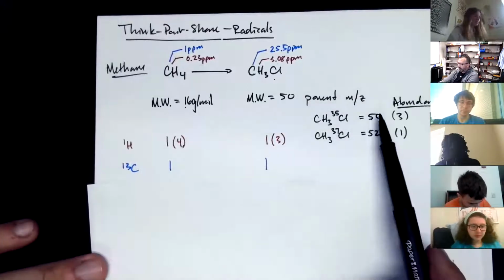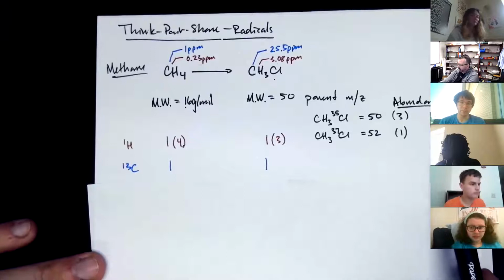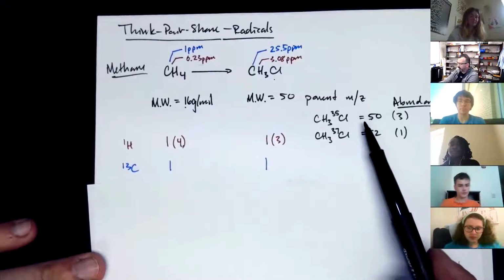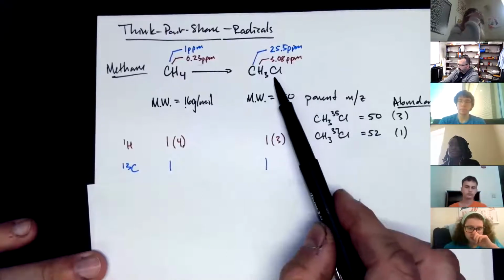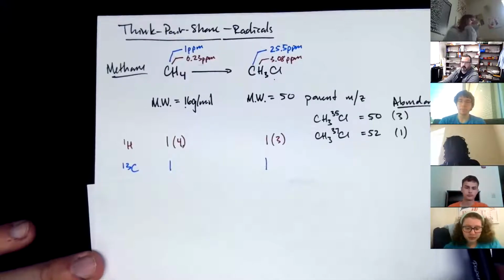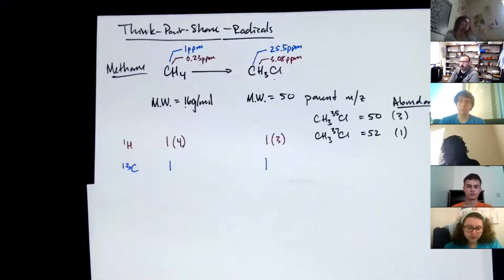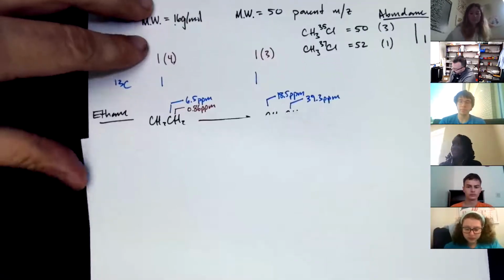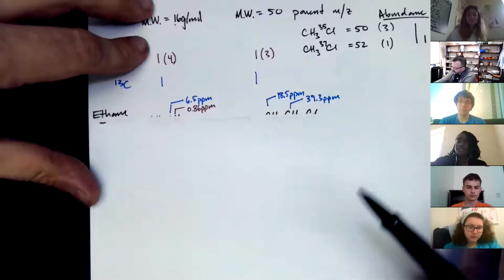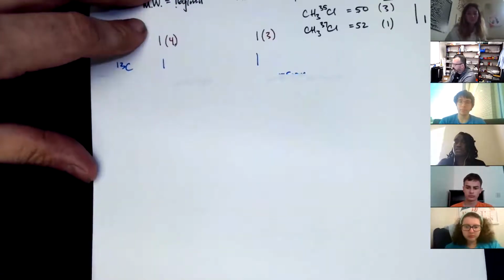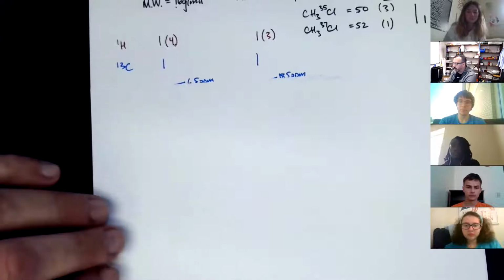These parent masses occur together, meaning if you run this experiment with this compound, you see both of these masses. So if you take ethane and you do a CH substitution for chlorine, how many different products can you get?